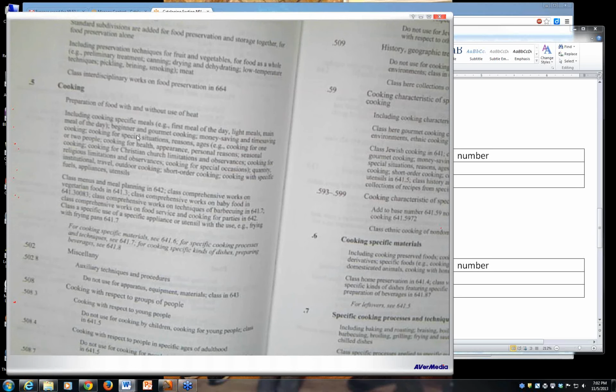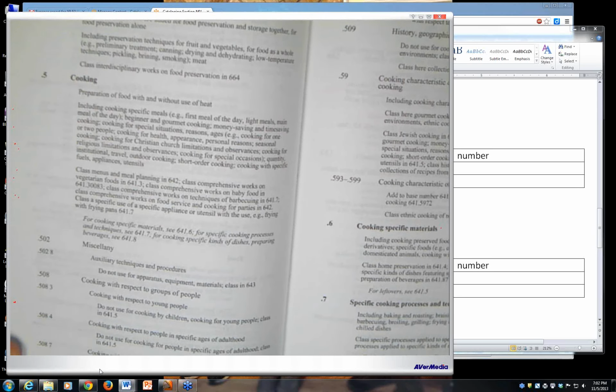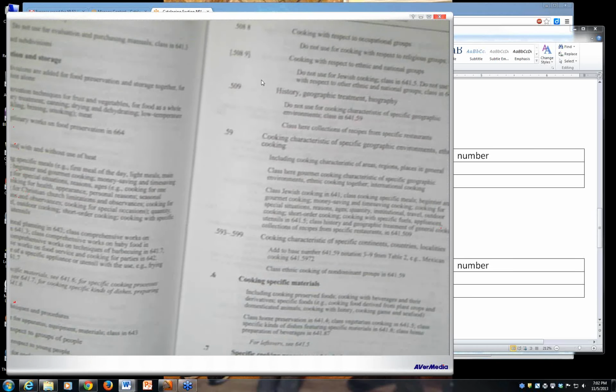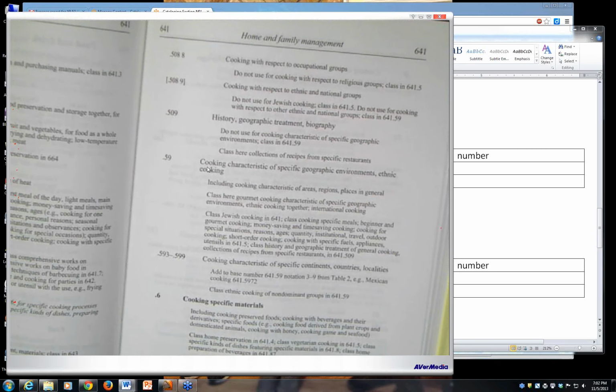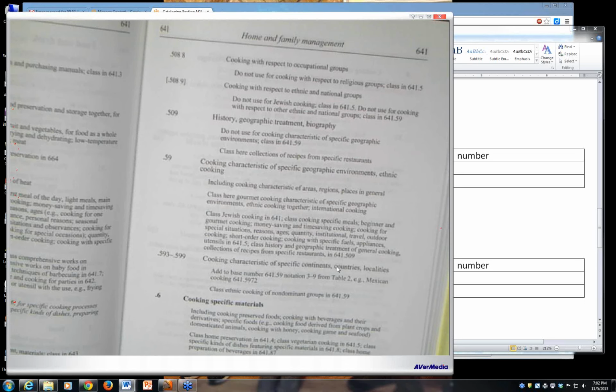So let's take a look at our notes, and as we read down our notes, as you recall from previous classes, hopefully, we get down to the notes at 641.59, where we have specific geographic environments, ethnic cooking, cooking characteristic of specific continents, countries, and localities.